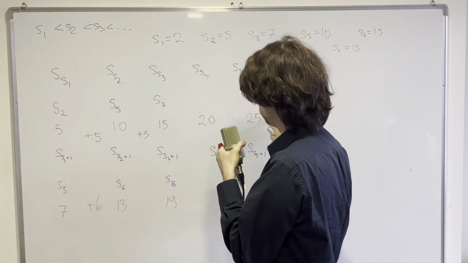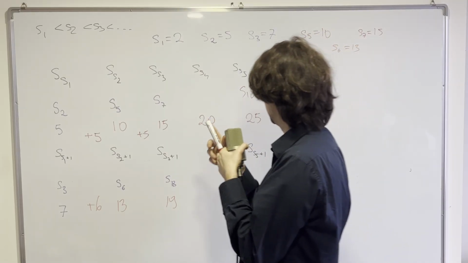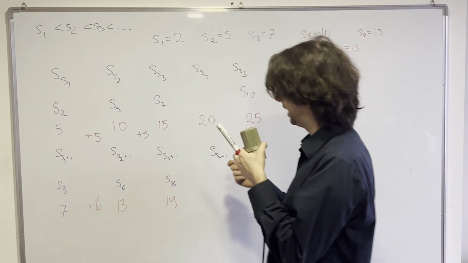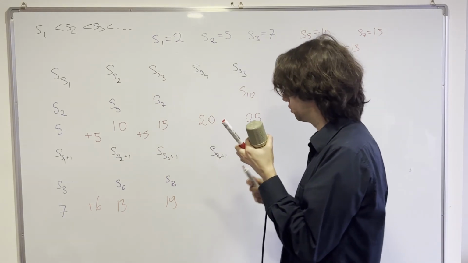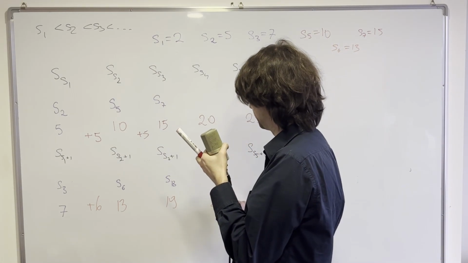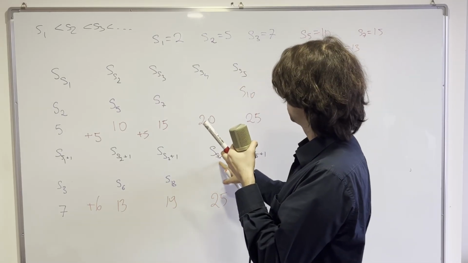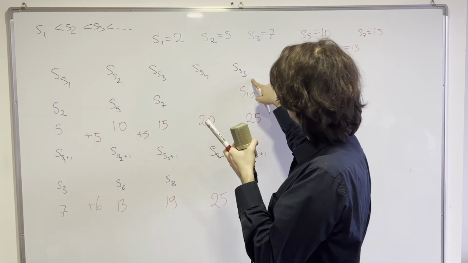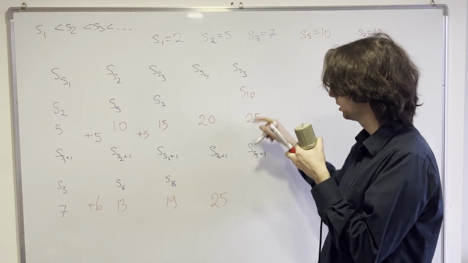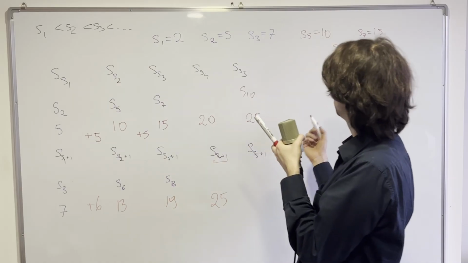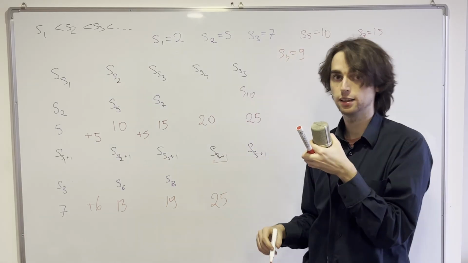is equal to 25, S8 is 19, and then, okay, wait a second. Here S4 plus 1 is also going to equal 25, right? Because this is plus 6. So S4 plus 1 is equal to S10. So S4 plus 1 must be equal to 10. In other words, S4 must be equal to 9.